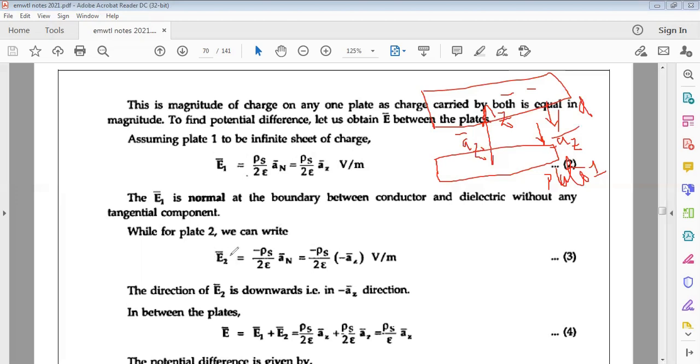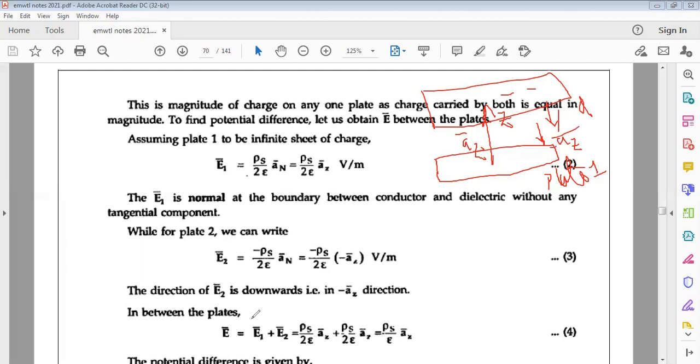And E2 we can see here: the charge density is minus rho s, so E2 is minus rho s by 2 epsilon, and AN is in the negative direction, that is minus AZ bar, so it also becomes rho s by 2 epsilon into AZ bar, volts per meter.